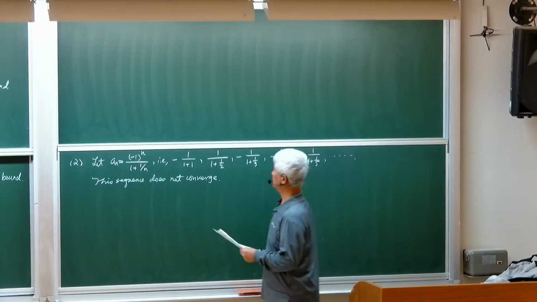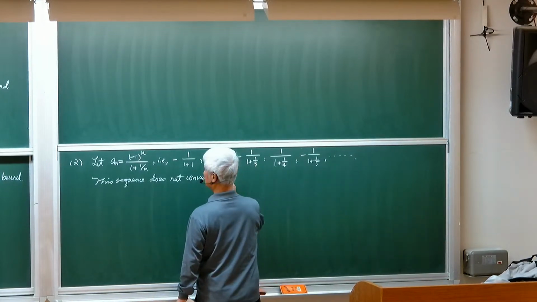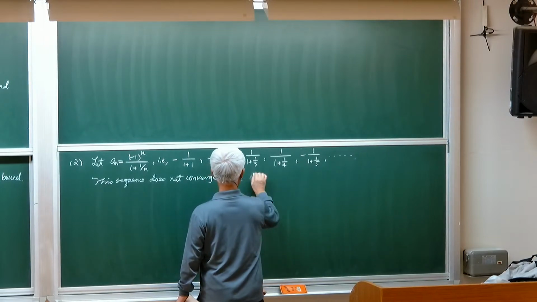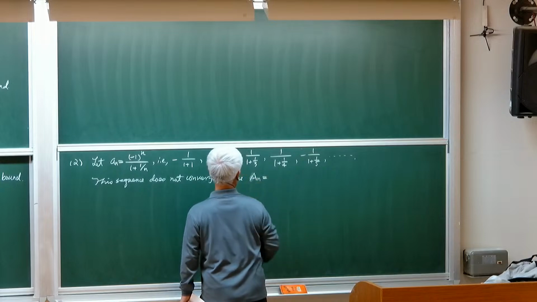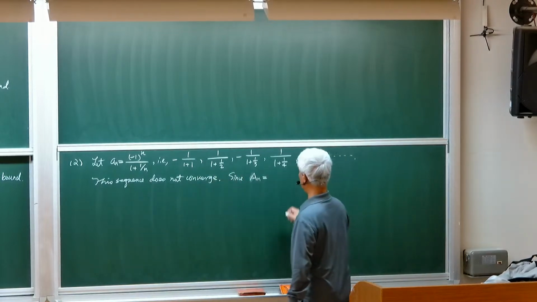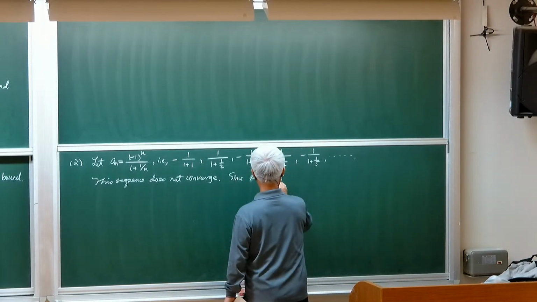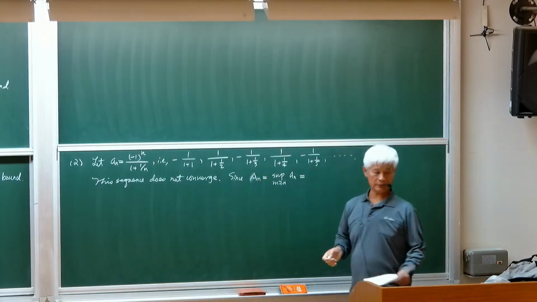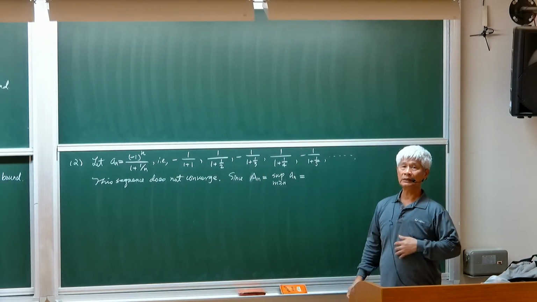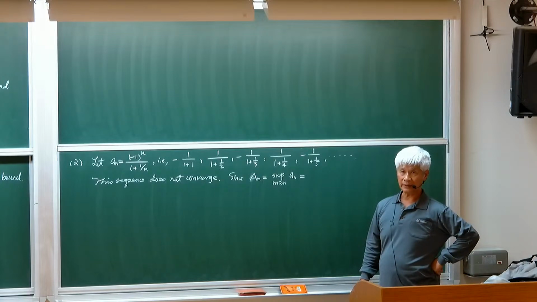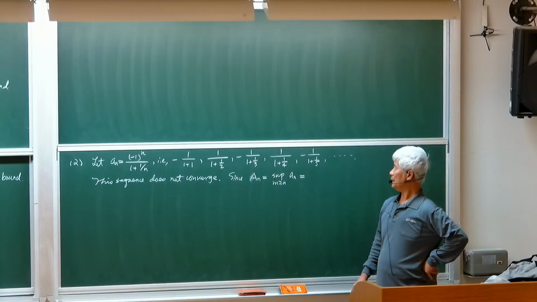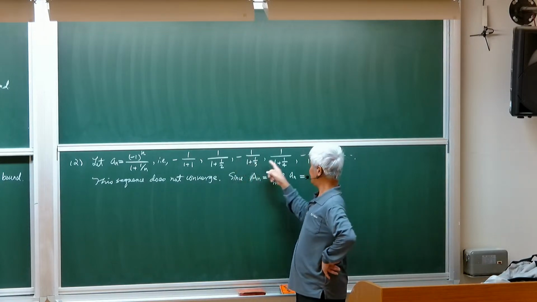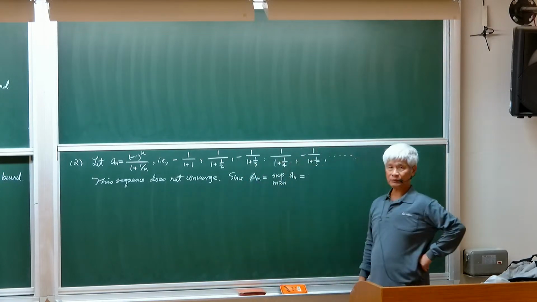Since we want to find the least upper bound, the supremum, we neglect all the negative terms and look at the positive terms.